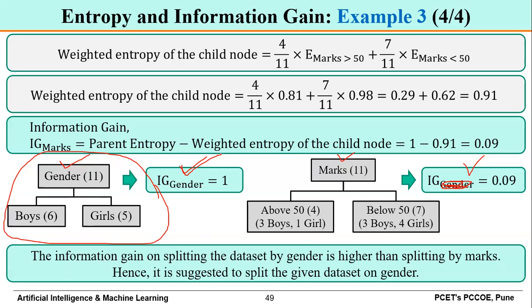So these are the three examples which will help you to construct a decision tree when you have different variables, and the values of entropy and information gain will provide you a strong foundation for deciding the best method for splitting the data.